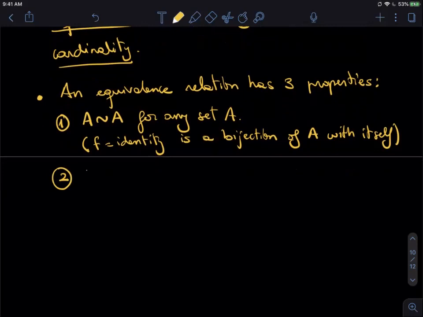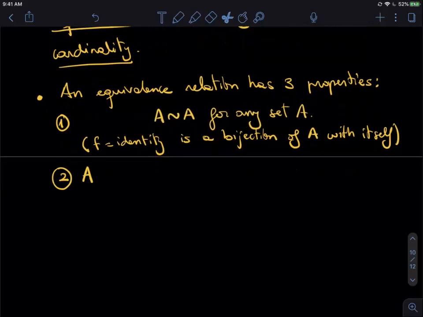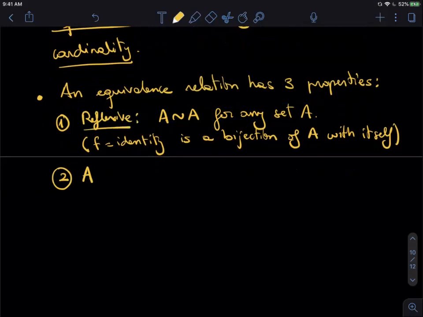Then the second one is the symmetry. Actually, let's give the proper name to the first property. This is called the reflexive property. The second property is called the symmetric property.